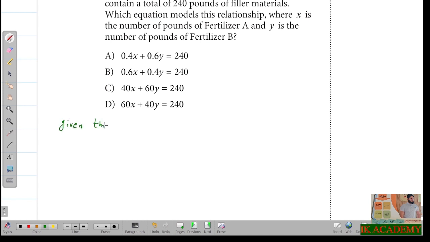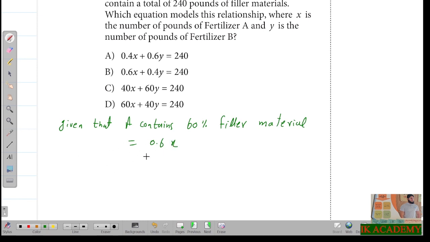Given that A contains 60% filler material, because A is related with x, we can write 60% as 0.6 multiplied by x.